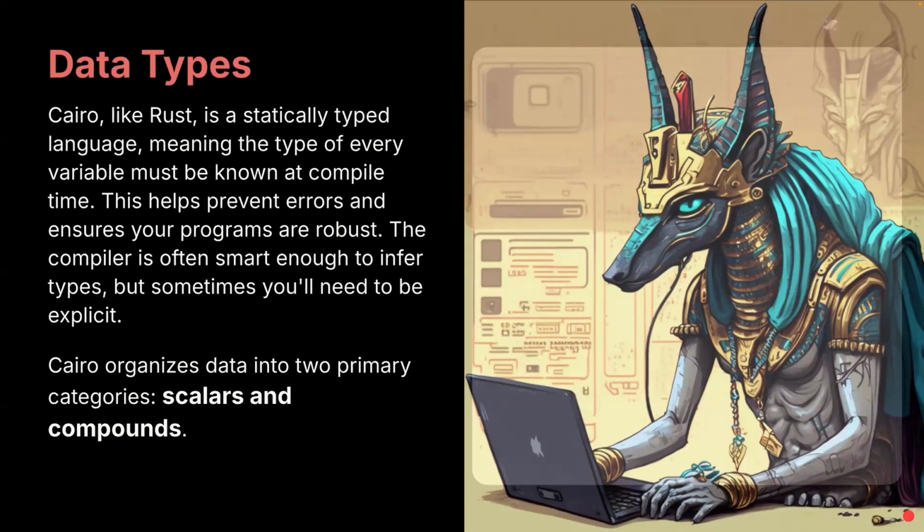Unlike JavaScript, which is a runtime-based language, Cairo is a compile-time-based language. So every variable that you are using in that particular project must be known before you compile the code. It helps you prevent what? Errors, and makes your program very robust, because instead of fishing for bugs in production, a lot of the bugs would have been discovered upon compilation, and you'll be able to fix them before you compile successfully and then deploy to a runtime environment.